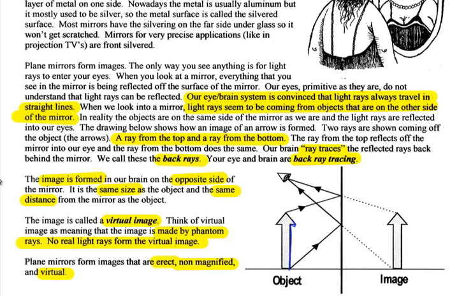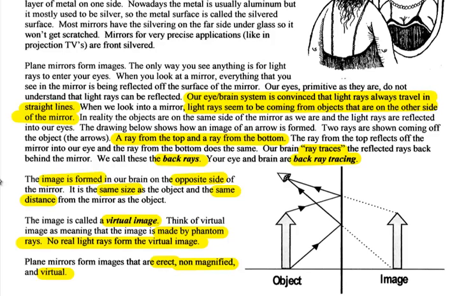If this is some object that we're looking at, light is coming from all sorts of places and reflecting off of the mirror into our eyes, right? But we're not going to focus on those in our ray diagrams. We're just going to focus on lines coming from mostly the top of the object. Occasionally the bottom is shown in some pictures.